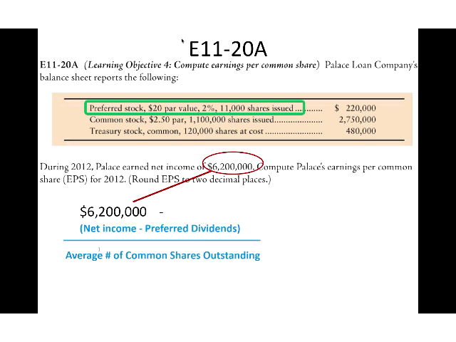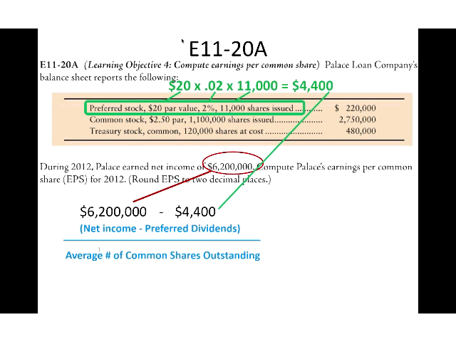So the $20 par value times 2% times 11,000 shares issued gives us $4,400. So there's our preferred dividend, and we're going to subtract that. So our numerator is going to be the $6,200,000 minus $4,400.